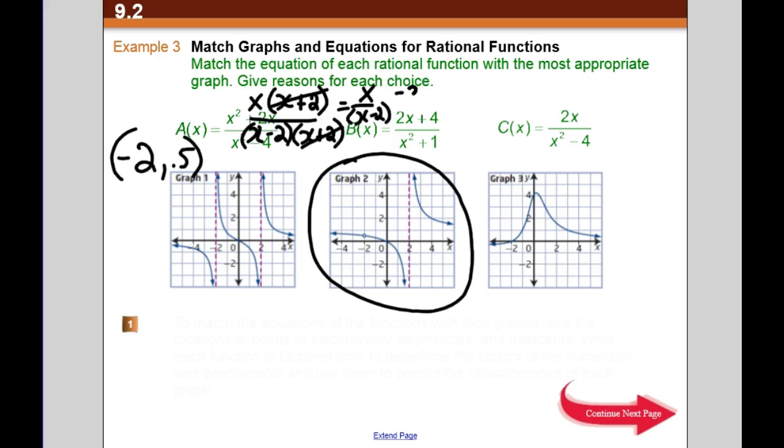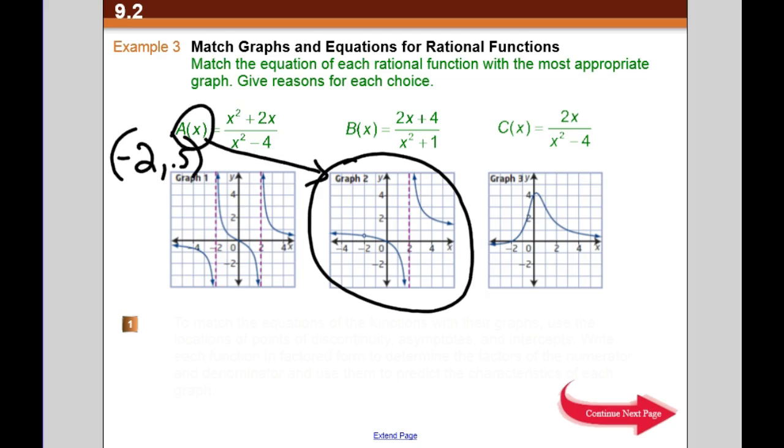So minus 2 over minus 2 minus 2, so minus 2 over minus 4 is a half. Okay. So now if we look at the next one, so these guys match together.